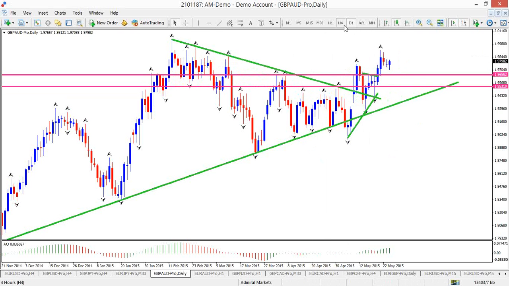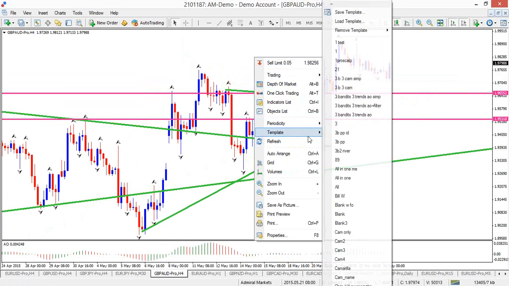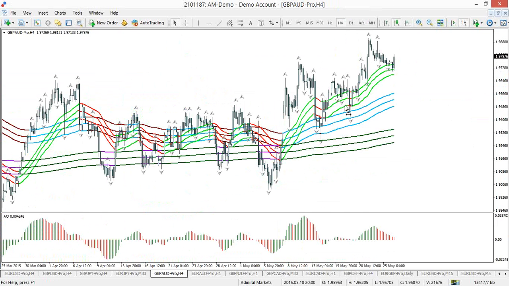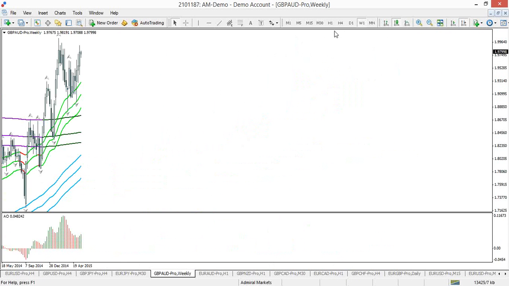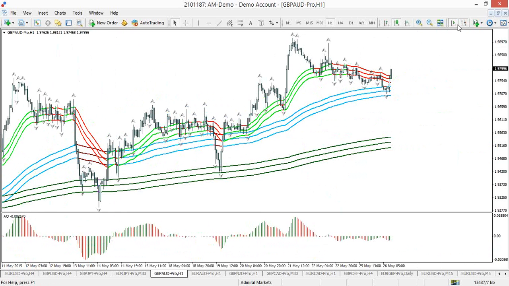So from that point of view, with the trend, setups are to the upside. Let's put on the moving averages. You see moving averages are aligned to the upside on the 4-hour chart, daily too. Weekly, only the long term is missing, but this is a weekly chart, so that will take long. Hourly, yes.